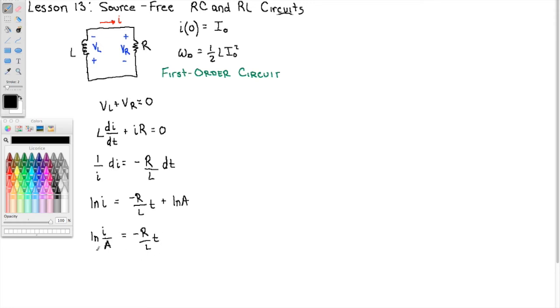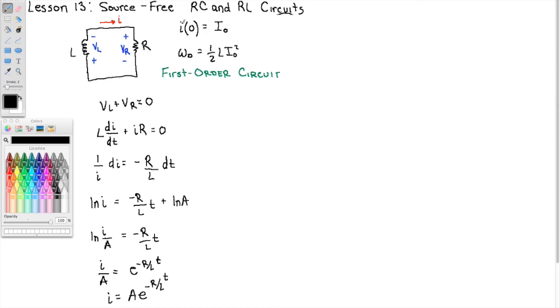All right. Raise both sides to the e power, so this gives me I over A equals e to the negative R over L times t. Then move the A to the other side: I equals A times e to the negative R over L t. All right, and we need to figure out what this constant should be.